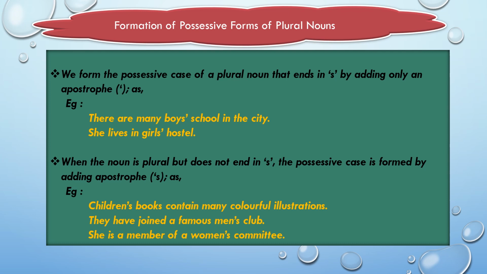Again, women is the plural form of the noun woman. Right? Woman. So, woman, the plural form is women. So, women's because it is a plural noun but does not end in s. So, we will add apostrophe s to form the possessive case of this plural noun. So, she is a member of a women's committee.